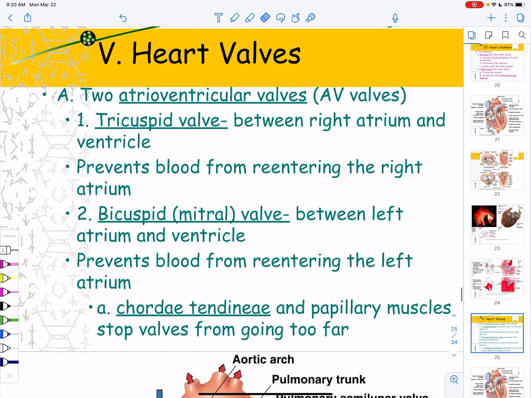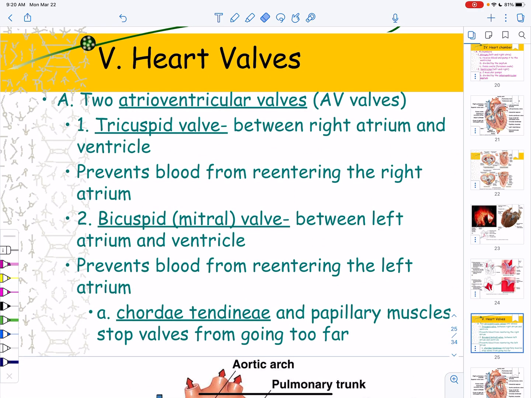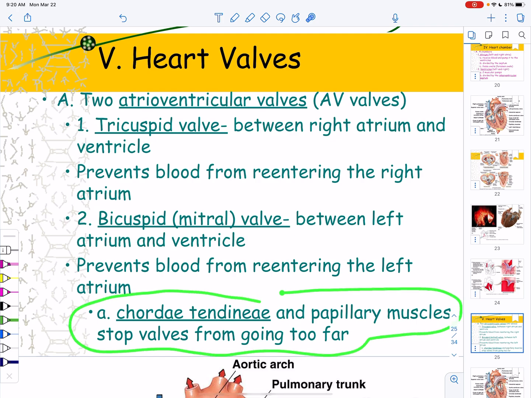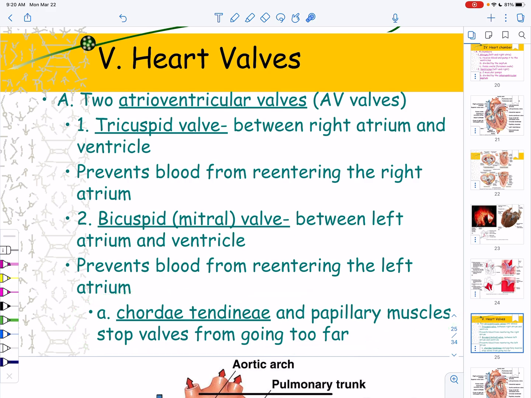But again, you have 4 of our heart valves. You have 2 of the AV valves. Those are going to have the cusps. You're going to have 1 with 3, 1 with only 2. And both of the AV valves have that chordae tendineae that is similar to the parachute strings. Okay.